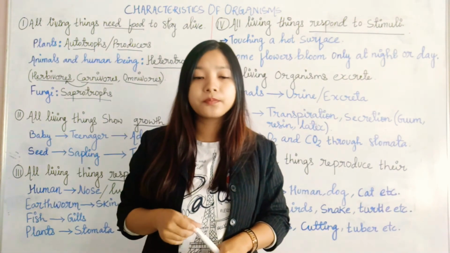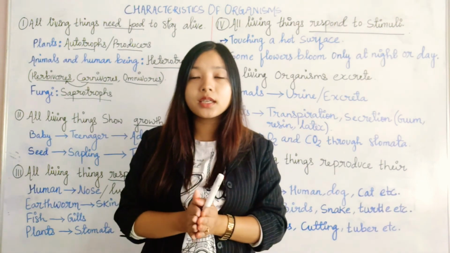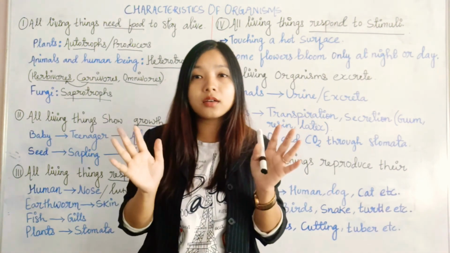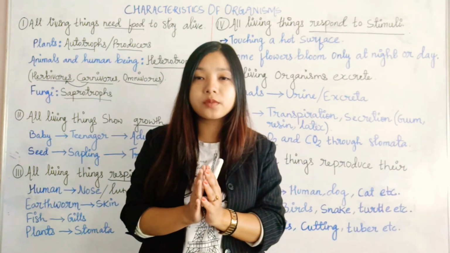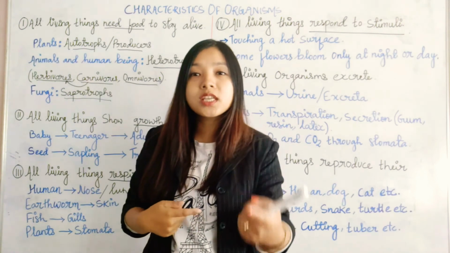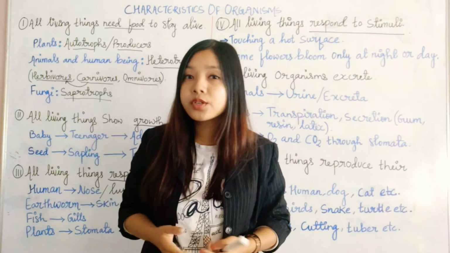You can see other examples, like if you are sitting in a dark place for some time, and you step out of the room and there is a bright light. What will be your response?